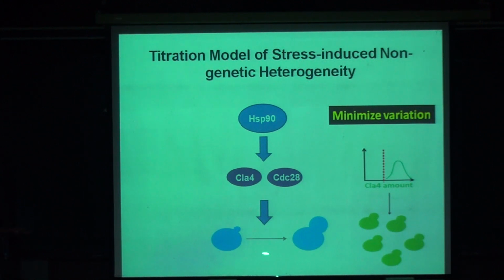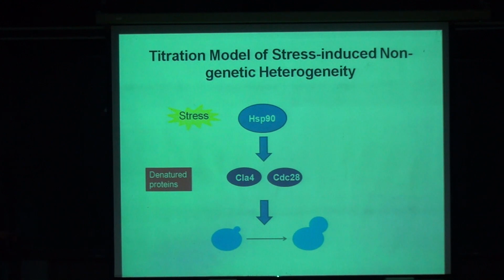Okay, in the normal condition, this protein is buffered. So right now they have a very high level of protein and a very high level of activity. So when the cell encounters stress, what will happen? Biologists already know that when the cell encounters stress, a lot of proteins inside the cell will become denatured.